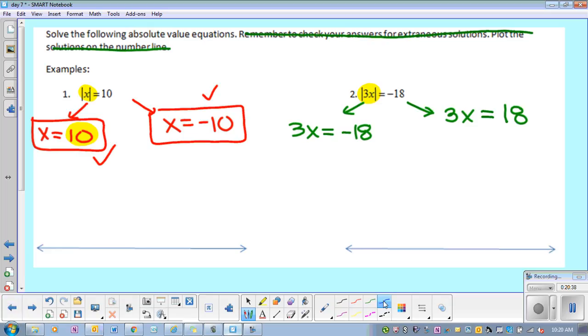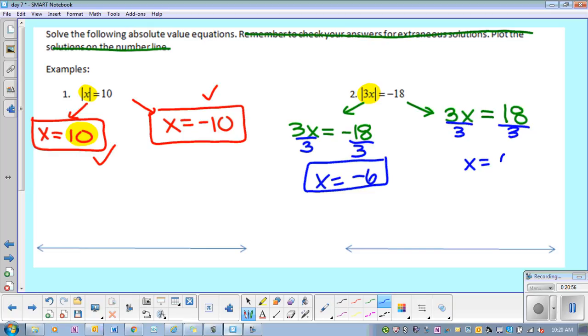Now let's solve it. Divide by 3. X equals. What's negative 18 divided by 3? Negative 6. Okay. And this side, divide. X equals. This one's positive 6. Alright, this is weird.